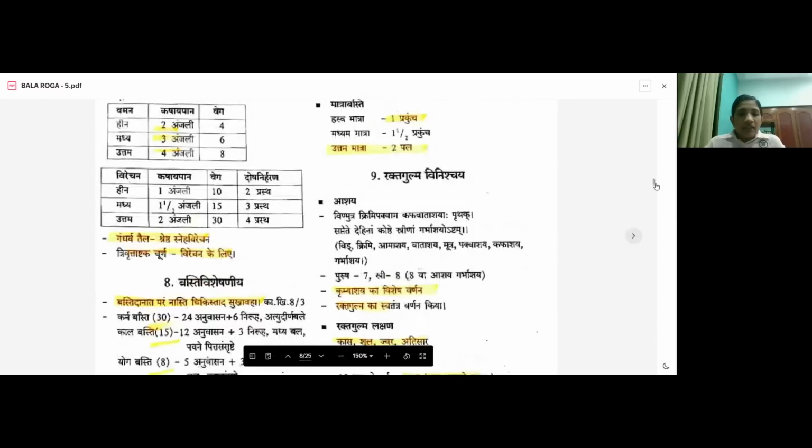And next is the Gandharva Taila, which is known as Shreshta Sneha Virechana. So the Gandharva Taila is known as Shreshta Sneha Virechana according to Kashyapacharya. And Trivrutashtaka Churna is used for Virechana. The content Trivrut is mainly used for Virechana. Okay.